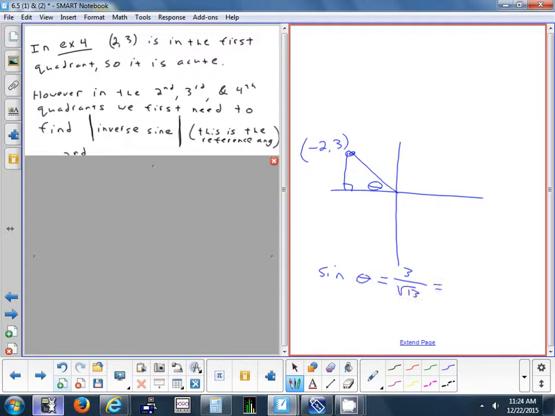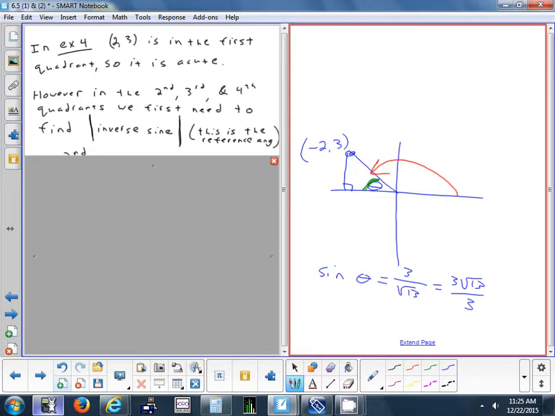How does that compare to the one we just did? Right. It's the same sine value, but am I in the same quadrant? No. So my angle this time is really this. When you do inverse sine, all you're finding is this, which in quadrant 1 is fine. That green thing, it's the same.